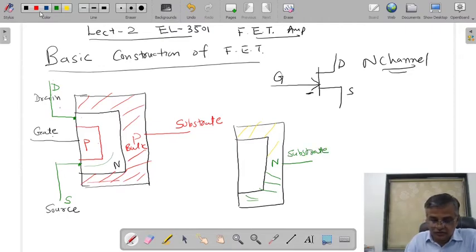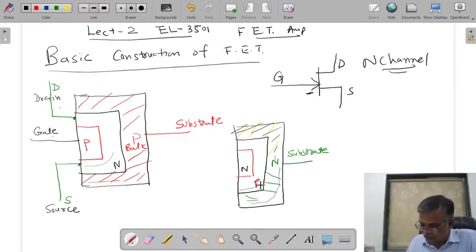In this, you diffuse your P-type material. This is a P-type material. In this P-type, you diffuse N-type material. Again, this is your substrate in which you diffuse your P-type material.